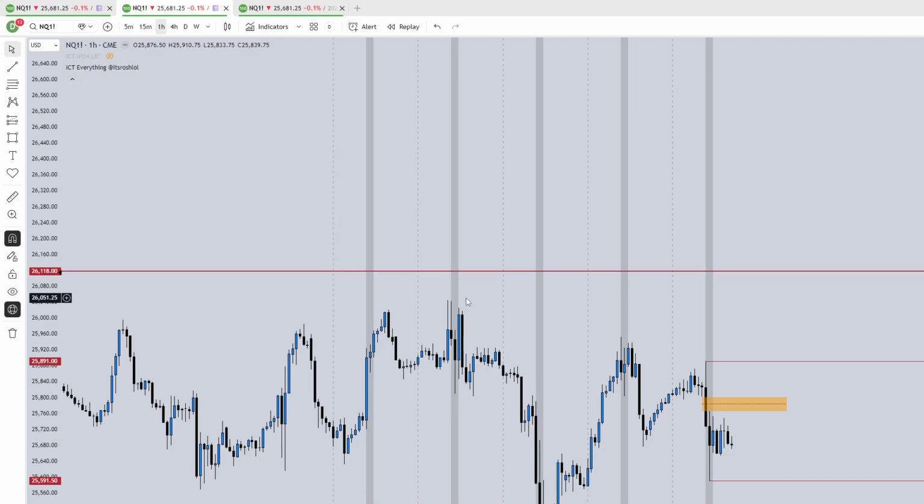So we had news on Tuesday, Wednesday, and Thursday. We know that. So now that I know I'm trading 9:30 to 12, I'm interested in capturing power of 3 of the 9, 10, or 11 o'clock candle, and maybe the beginning of the 12 o'clock candle. So at 9 o'clock, we're trading into this buy side here, and then we reject, close it down.